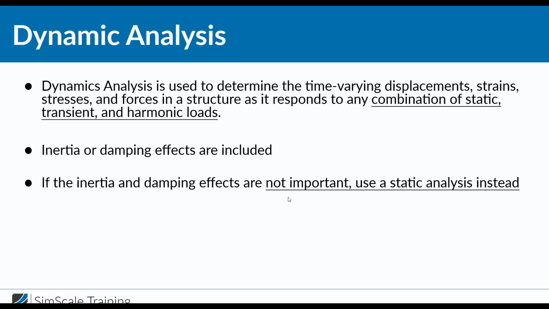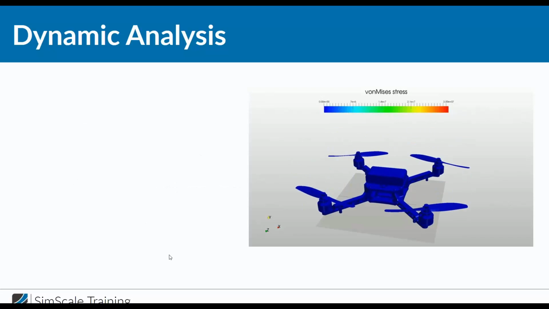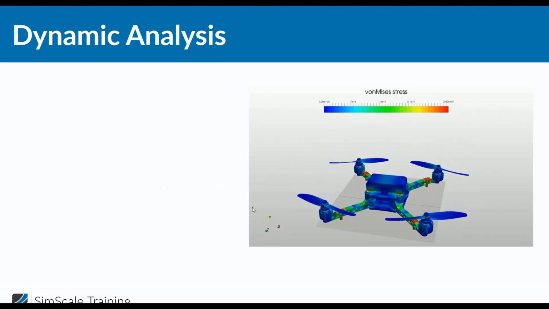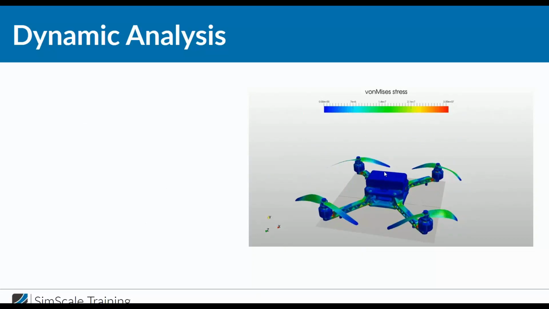You might also hear in some thermodynamic courses that static can also mean very slowly changing, so slow that inertia and damping effects do not need to be considered, but we'll take a look at the equations later. Here you can see a very good example of a dynamic simulation, and this is what we are going to do today.